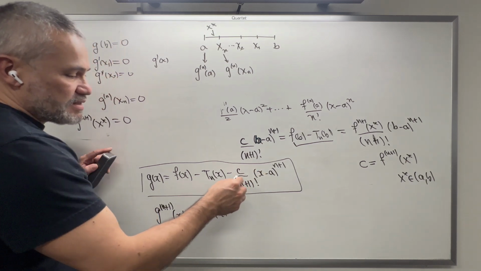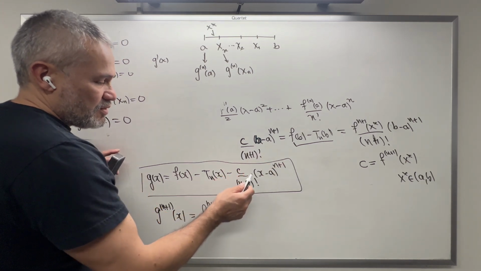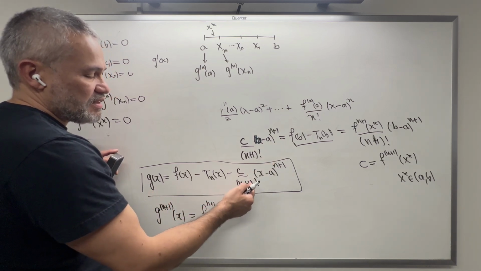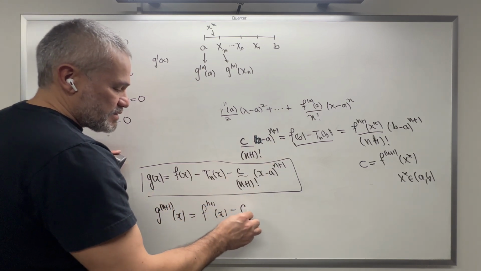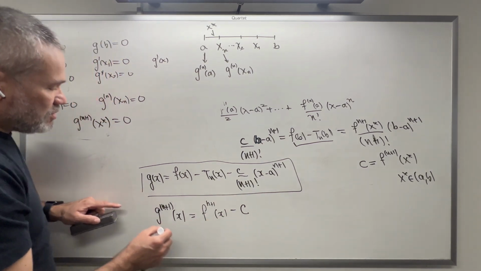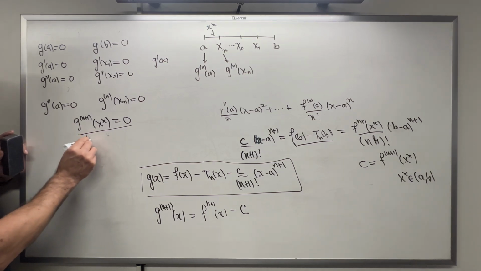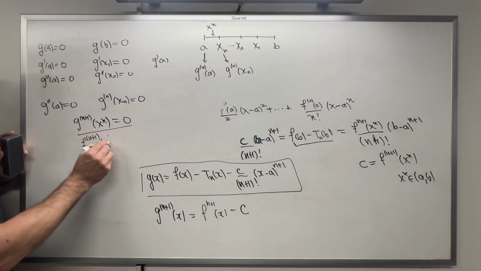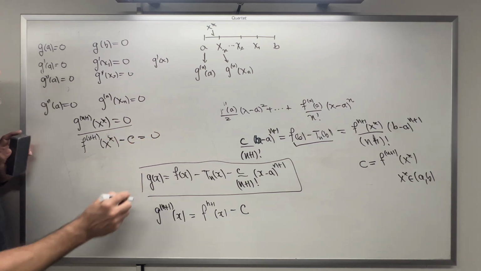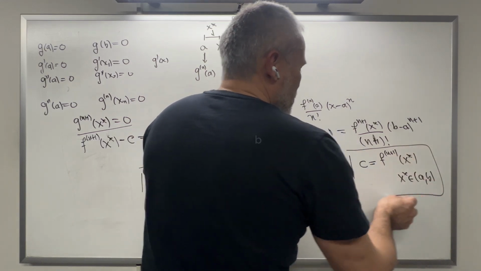And we can easily check that the n plus 1 derivative of this expression, when you take the first derivative, the n plus 1 cancels and you get n factorial. You keep doing this, this is just c. And then this condition just implies that the n plus 1 derivative at this special point minus c is equal to 0, and this is what I wanted to show.